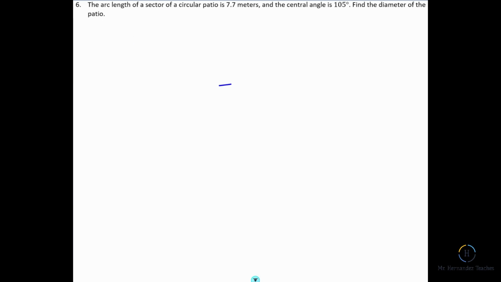S equal to R theta. We're going to need to find R in this case, but also keep in mind theta is in degrees, so we need to convert that. We need to divide it by 180, just like we did in the first problem, and multiply that by pi.